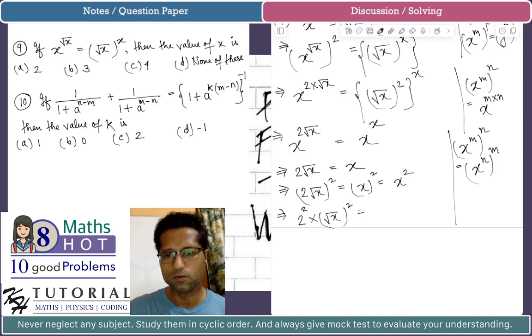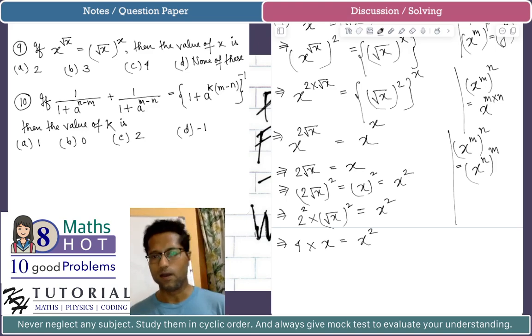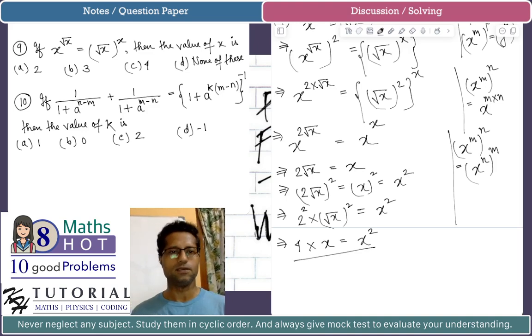This is equal to x square. Now 2 square is 4 and root x whole square is x, so 4x equals x square. We will not actually solve it. We will use trial and error, and see which of the options satisfy this equation.